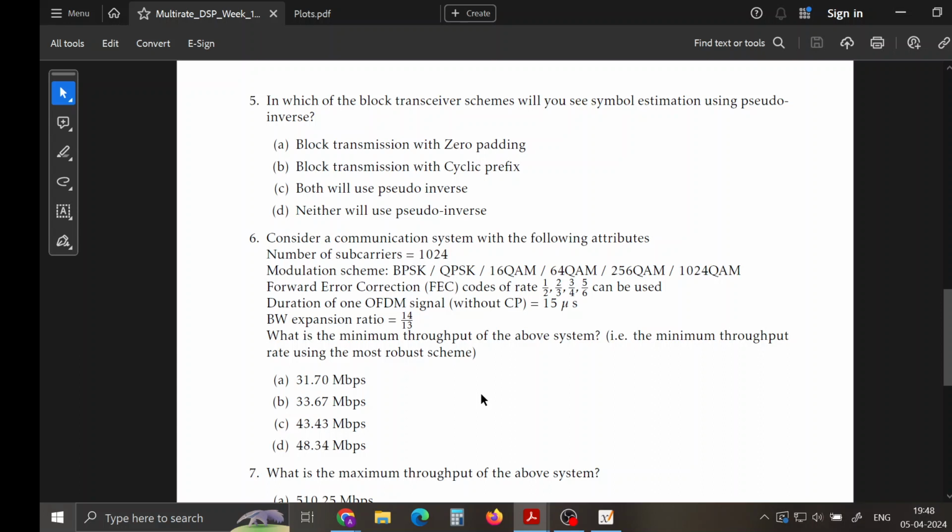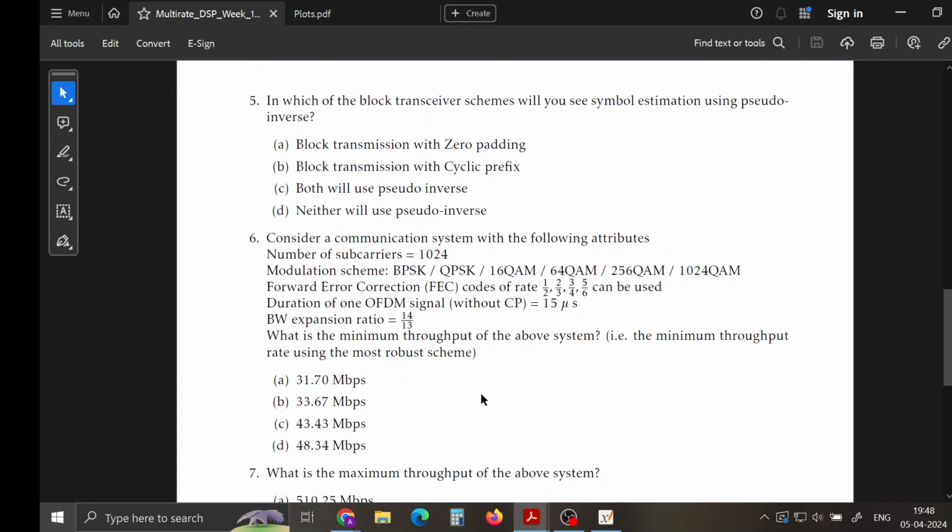If you are going for a robust, more reliable scheme, you will have the minimum throughput in that case. On the other hand, there could be another option: you can go for the particular choice which gives you maximum throughput.